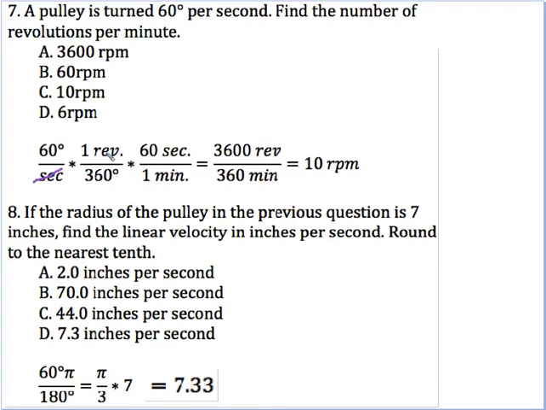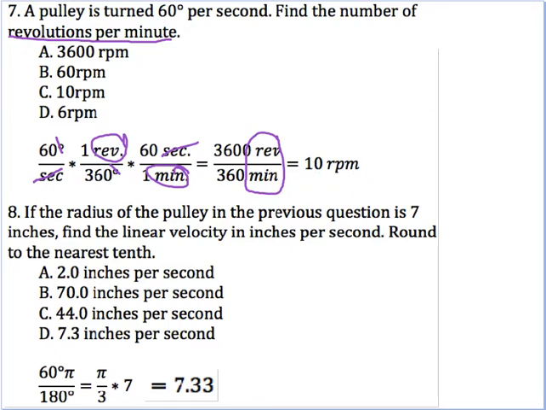Let's cross off what we can to make sure we have the correct measurements at the end. We are looking for revolutions per minute, and so we're left with revolutions and minutes. So that's what we're looking for, but we're not done. We need to simplify this, and we end up with 10 revolutions per minute.